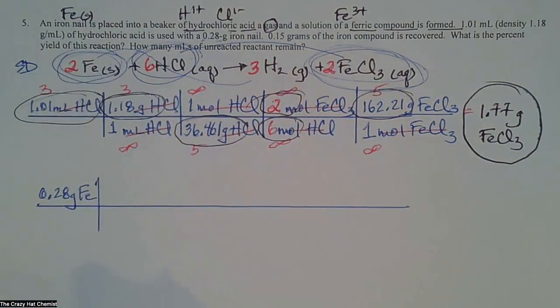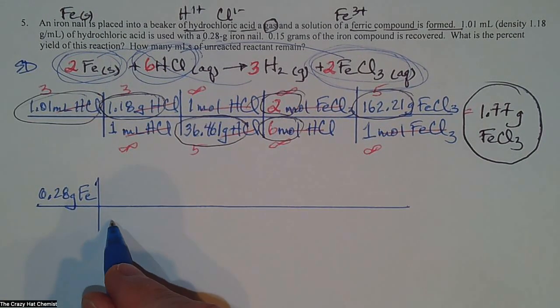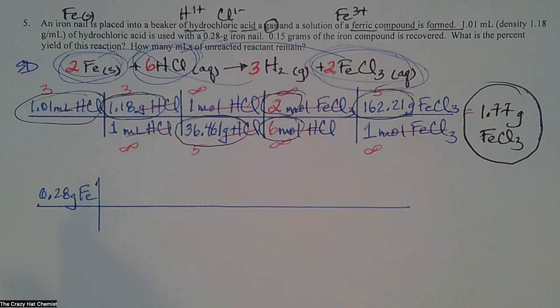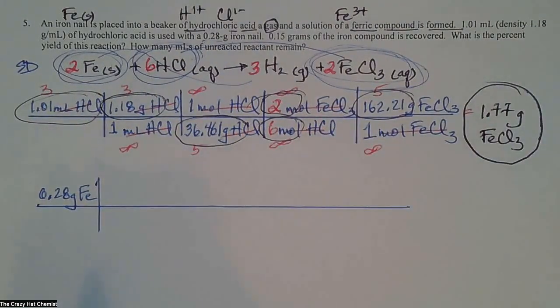All right, you're hanging on, I hope. Okay, so what we're going to do is we're going to get the molar mass. So we're going to go from grams to moles of the iron. And this is just looking on my periodic table and using 55.85. So that shouldn't be so bad.